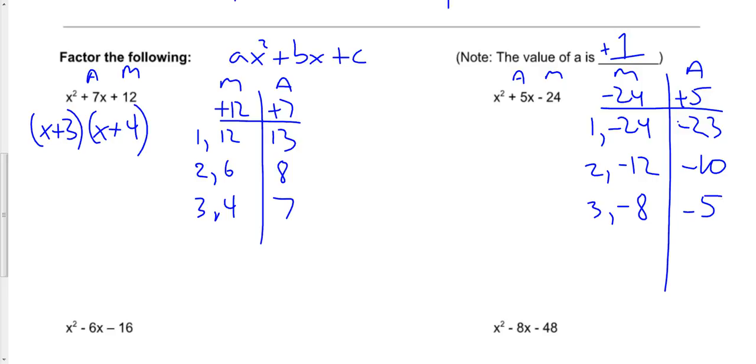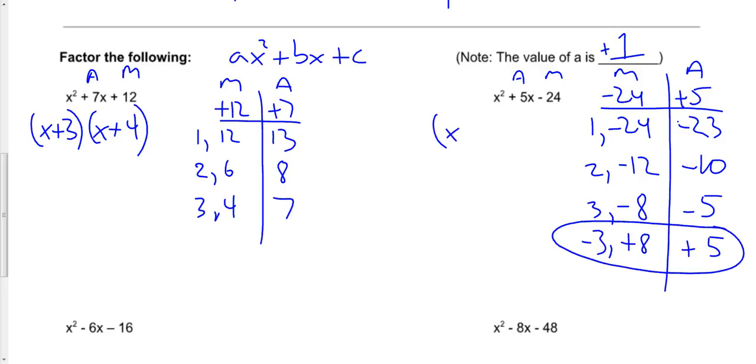So let's flip that. Let's do negative 3 and positive 8, and that gives me positive 5. So that means this meets all of the criteria, so therefore x minus 3 times x plus 8 is what I'm looking for.